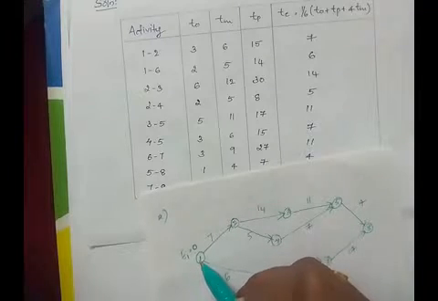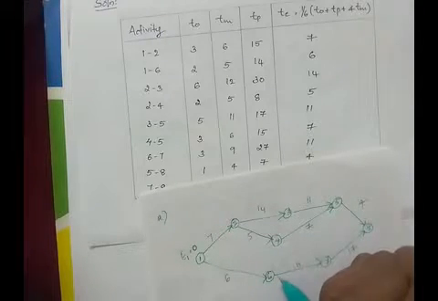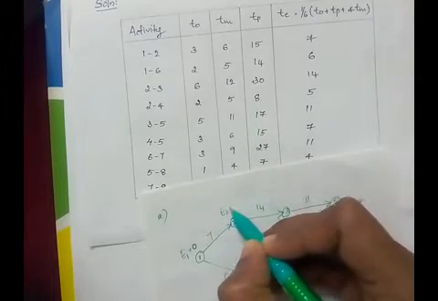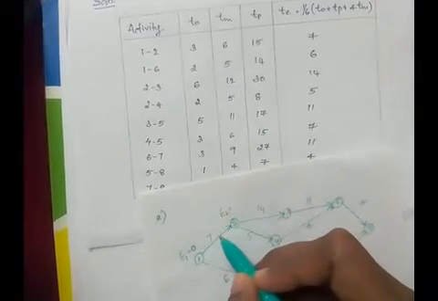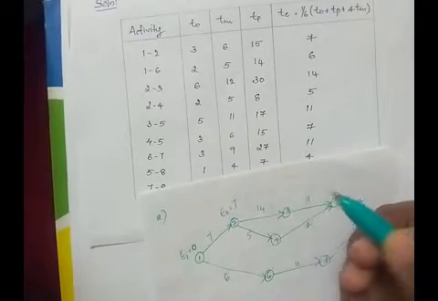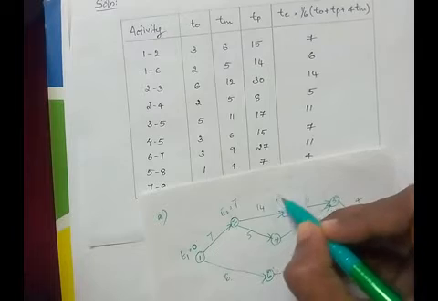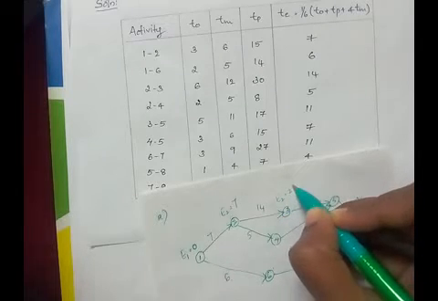From there we will find the rest of the E values. The E value of 2 will be 0 plus 7, which is 7. Now the E value of 3 will be 7 plus 14, which is 21.